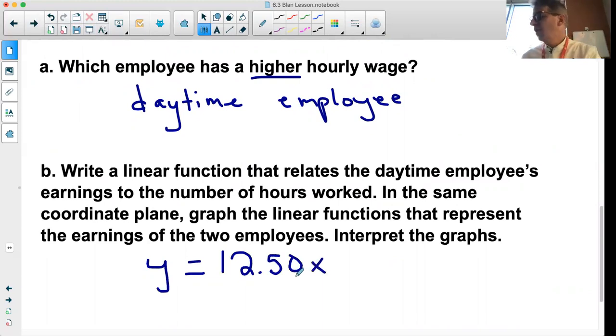And as you can see there, the 12.50 is the slope, but there's not an added feature to the employee's wage. So the earnings y is equal to the hourly wage 12.50 times the hours worked, which would be x.